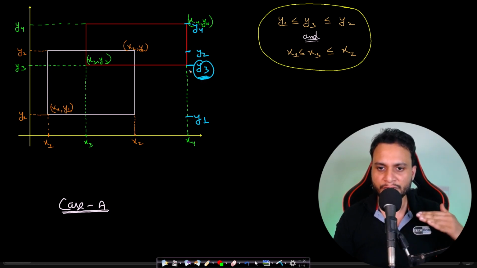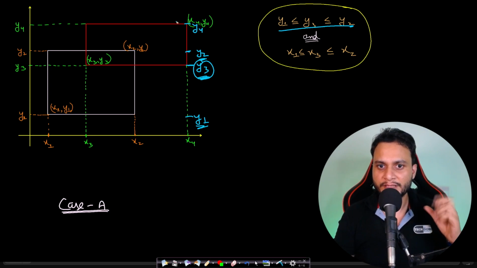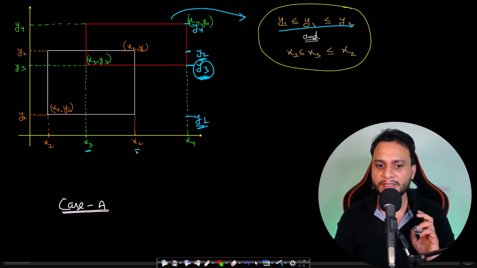So if the bottom portion of the second rectangle is within the range of y1 and y2, as I have compared here, then definitely your y coordinate is capable of intersecting. But let's think that this rectangle was further to the right hand side in such a way that this x3 was greater than x2.